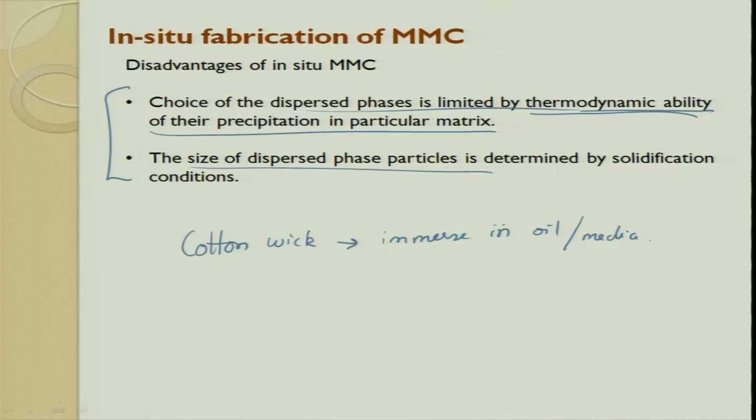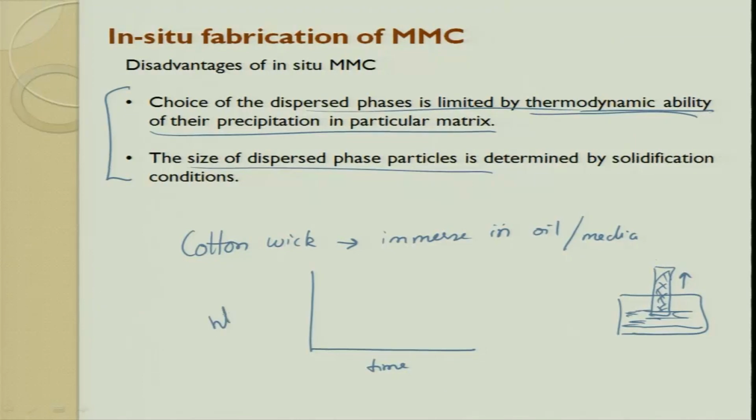Put it inside a bottle or a tank, and then put this wig inside the liquid. By its capillary action, you can see the color of the oil, or water, or media going up. Now kindly plot the height which is going up with respect to time.